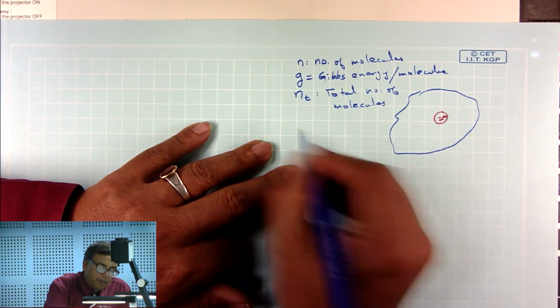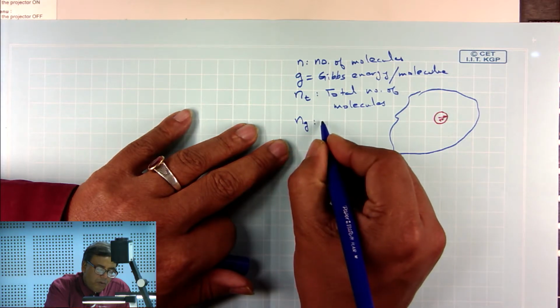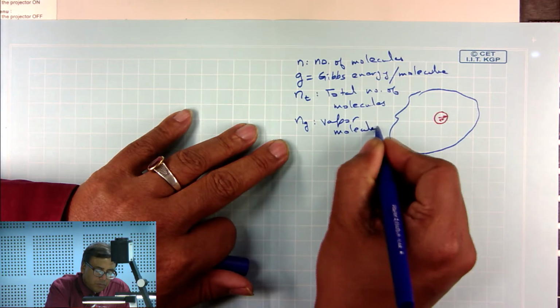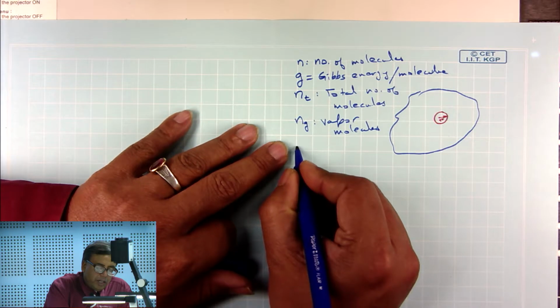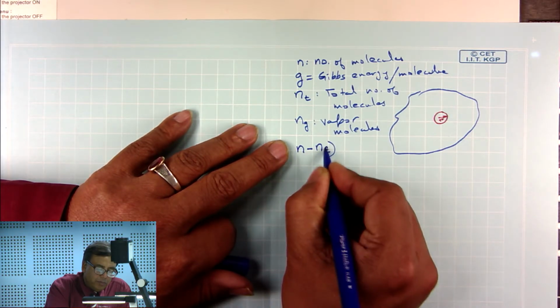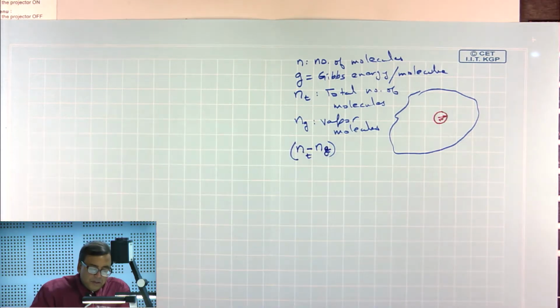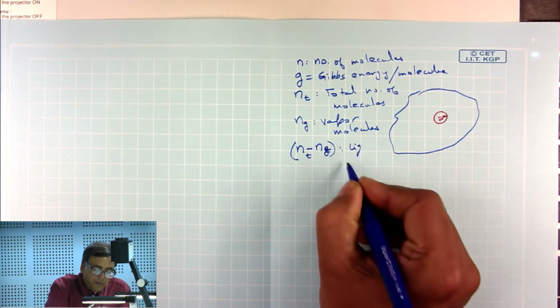The number of molecules of vapor, let us call it Ng. After the vapor bubble forms, the remaining number of molecules that are liquid is Nt minus Ng. You all with me on this? So, after the vapor bubble forms, this is the number of liquid molecules I have.